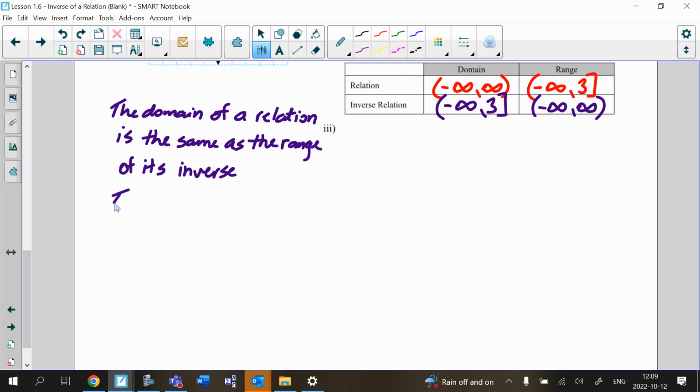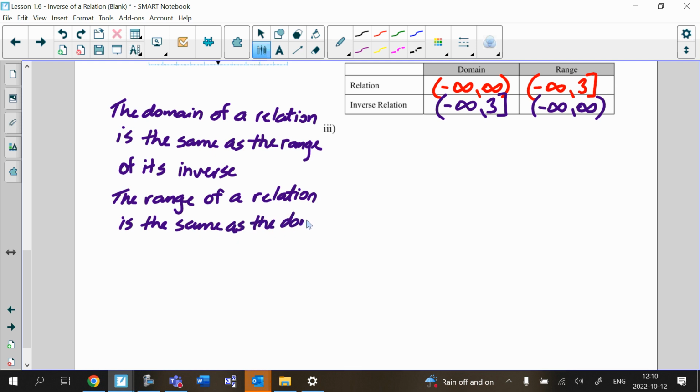Final question we had to answer was look at the original graph and the inverse graph. Is the original graph a function? Yes, it is. Is the inverse one? No, it is not, because you can draw a vertical line through a lot more than one point.